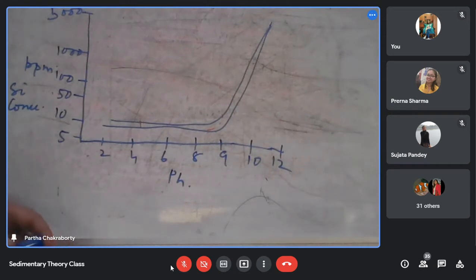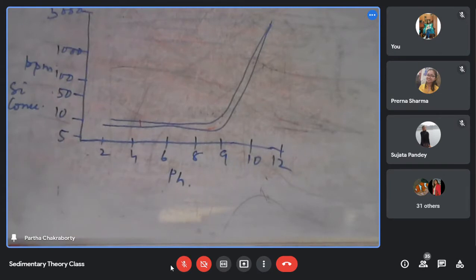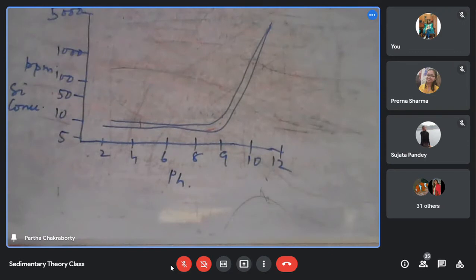You can draw the figure. Have you drawn it?